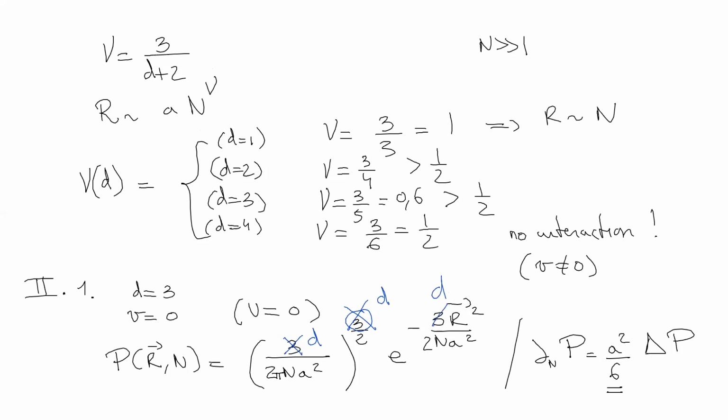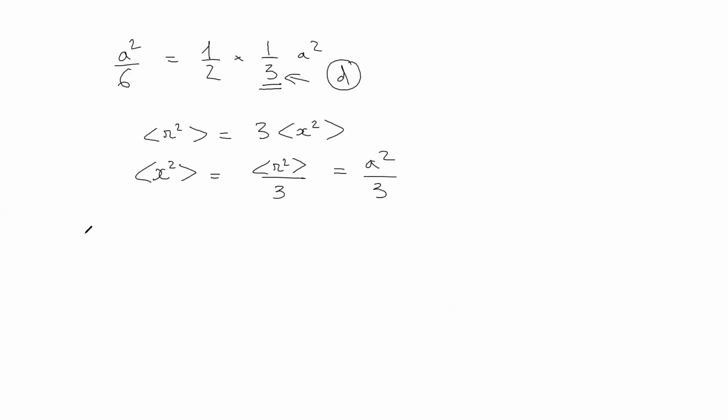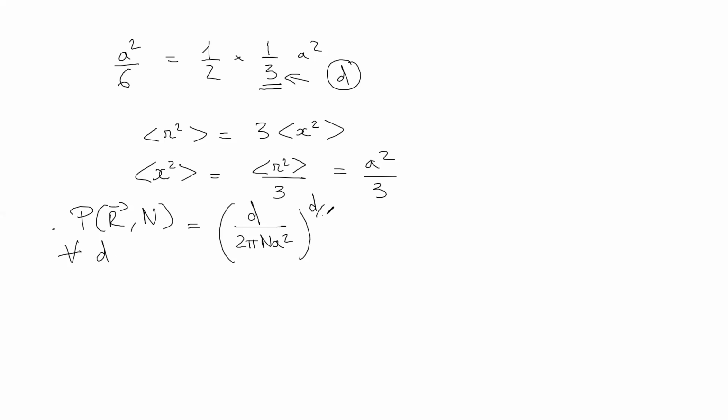So without any calculation, we can simply say that the probability of having a certain extent vector after n steps, when n is large, in a dimension of space which is D, is simply (D over 2 pi N a squared) to the power D over 2, times the exponential of minus D R squared over 2 N a squared.